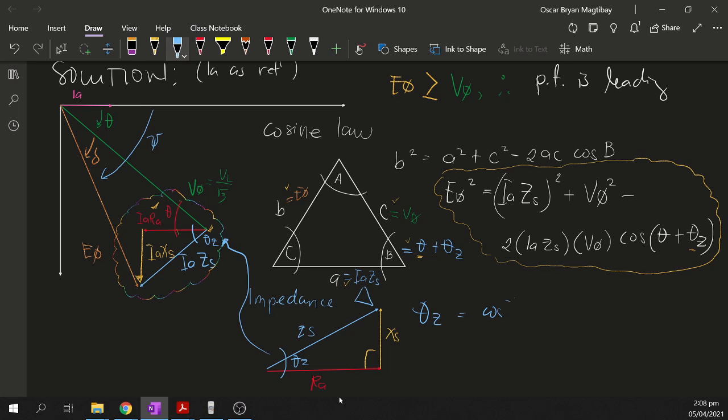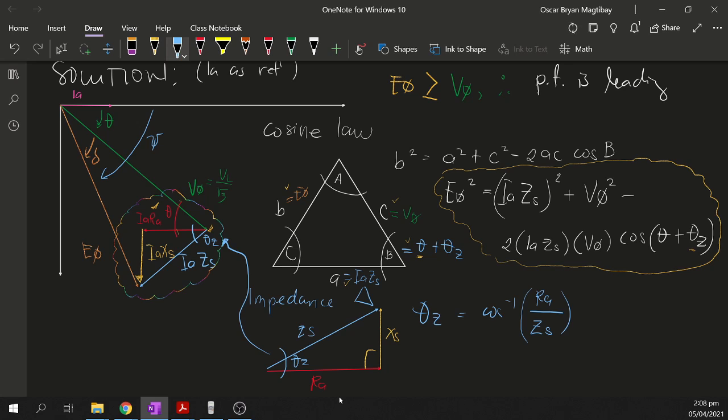Arc cosine ng RA over ZS. So that is our theta Z.